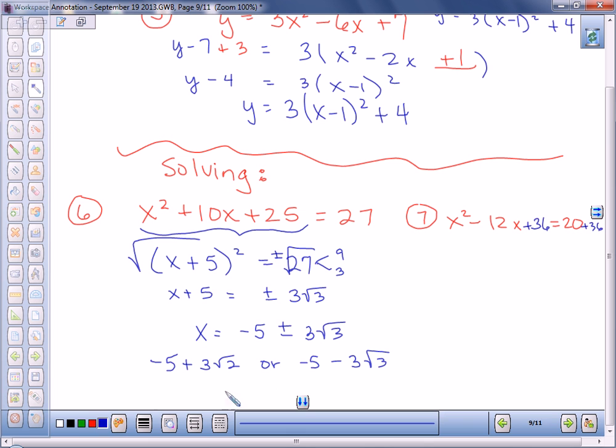So this gives me x minus 6 squared is equal to 56. And then I take the square root, plus or minus. And this breaks down into 4 times 14. So I get x minus 6 is equal to plus or minus 2 root 14. And the square root of 14 doesn't simplify anymore. So we get 6 plus or minus 2 root 14.